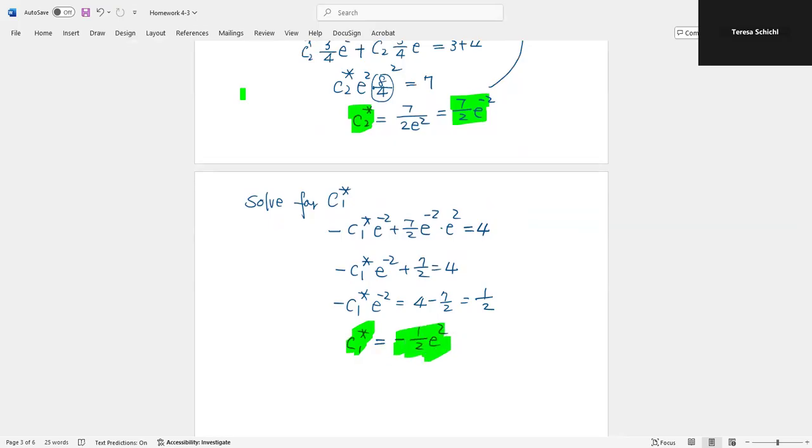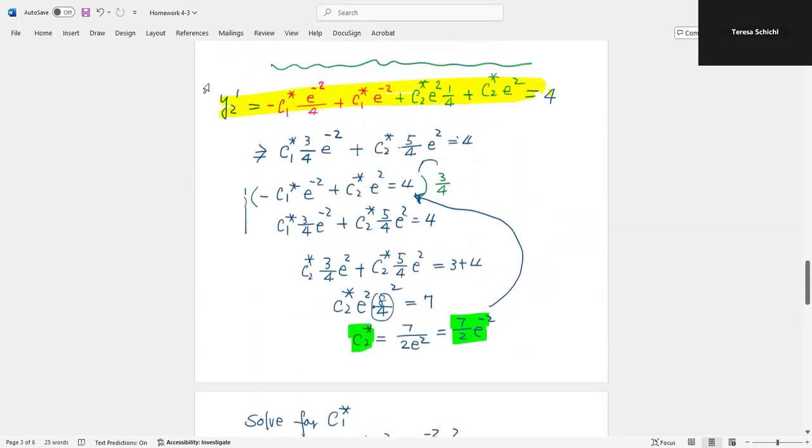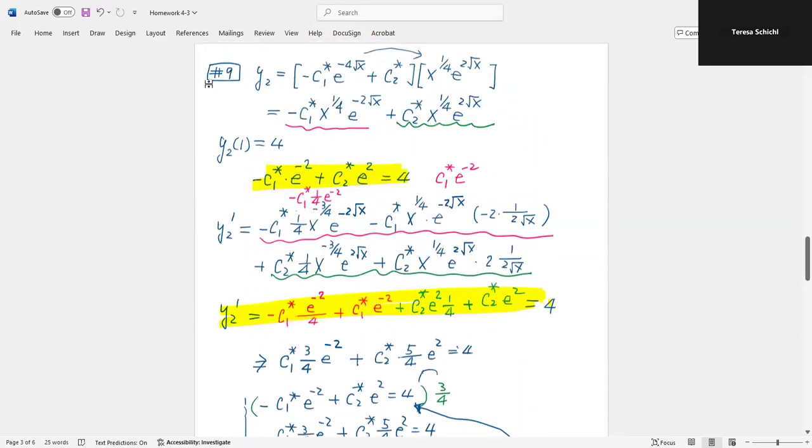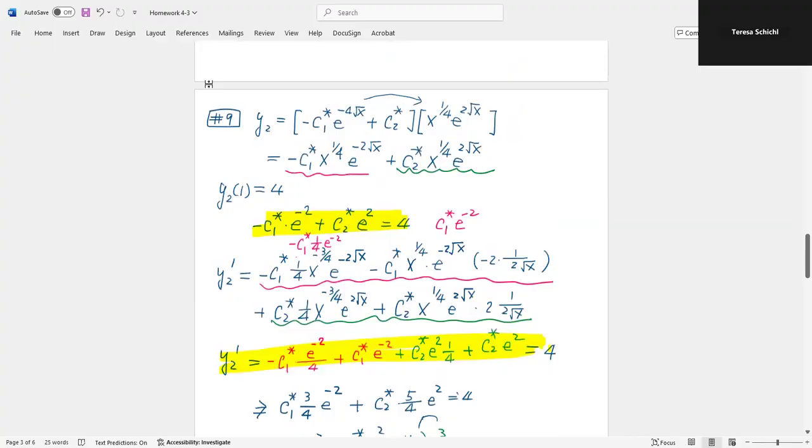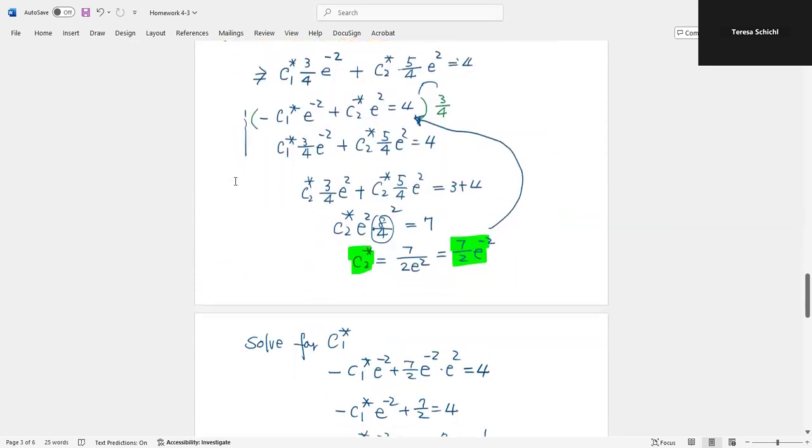Okay, so finally, where is my y2? Let's go back all the way to here, right? So this is my y2, right? So finally I found the C1 and the C2. Okay, so now let's put my C1, C2 back into this equation here.